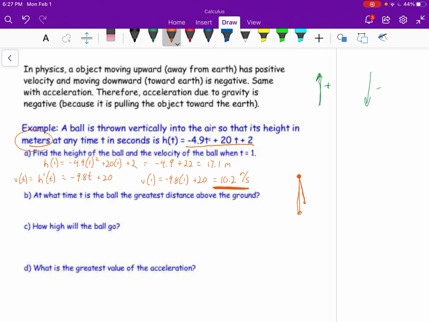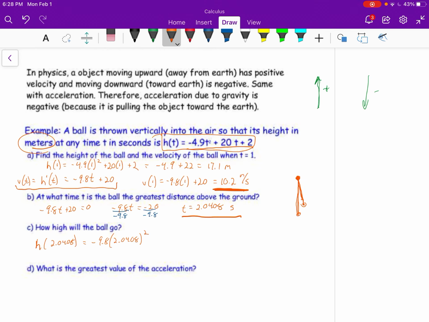So we plug that value in there: negative 4.9 times 2.0408 squared plus 20 times 2.0408 plus 2. You can square those things. You could probably put it right into a calculator, and you get 22.4082 meters.